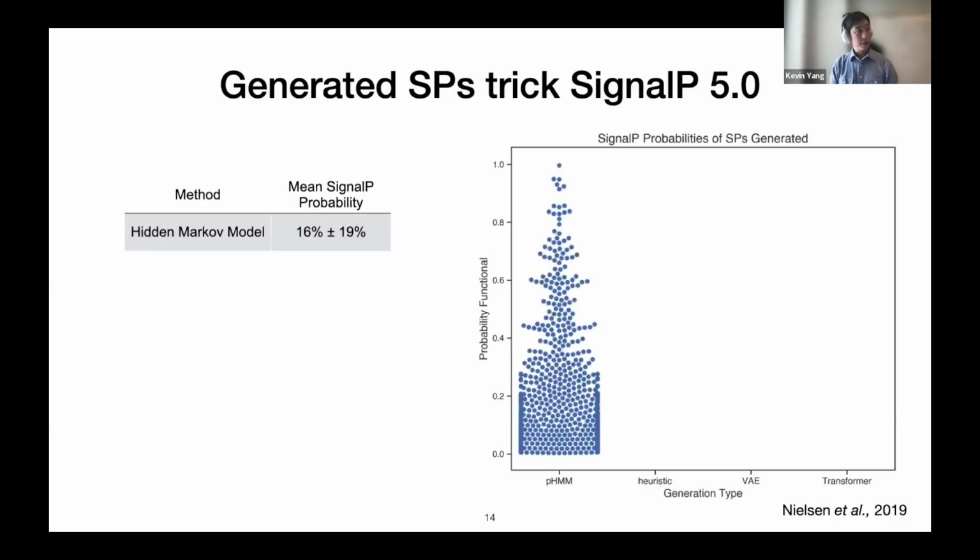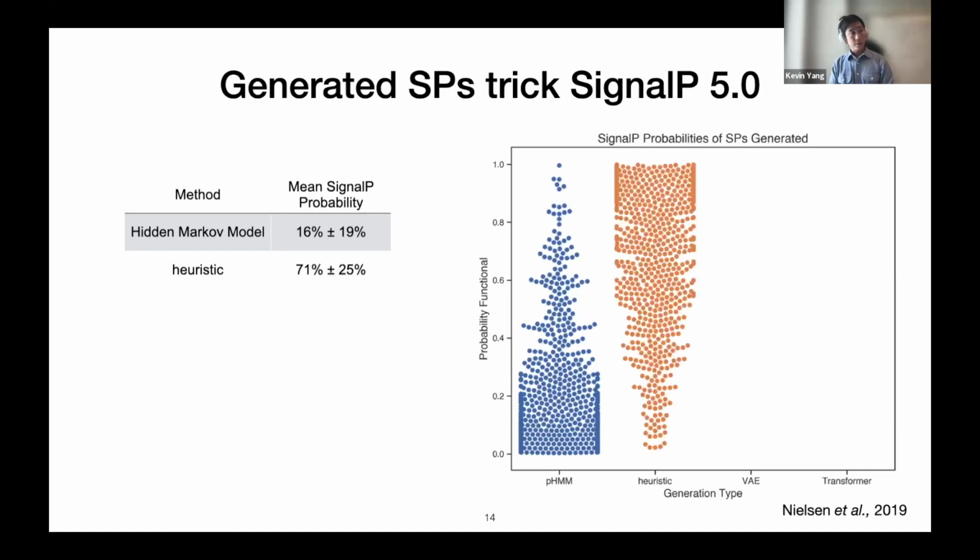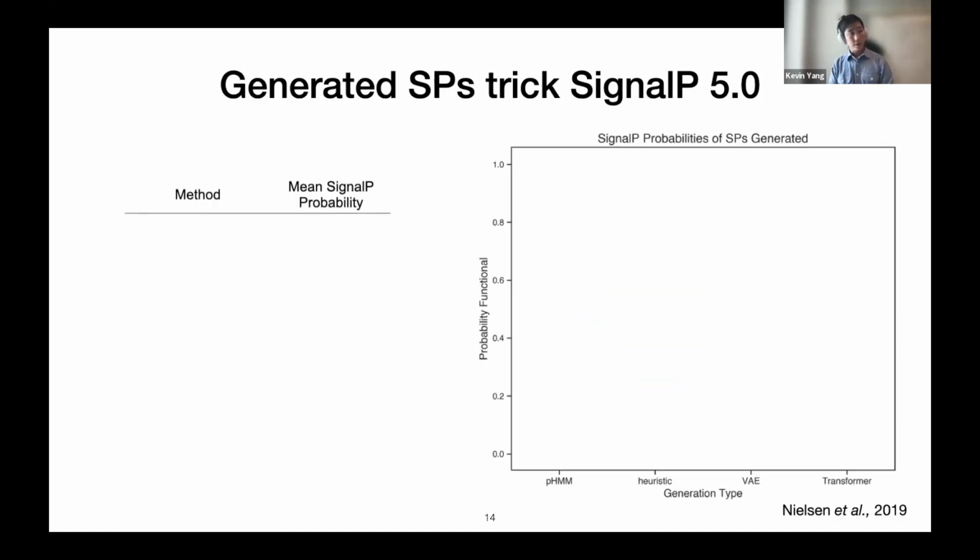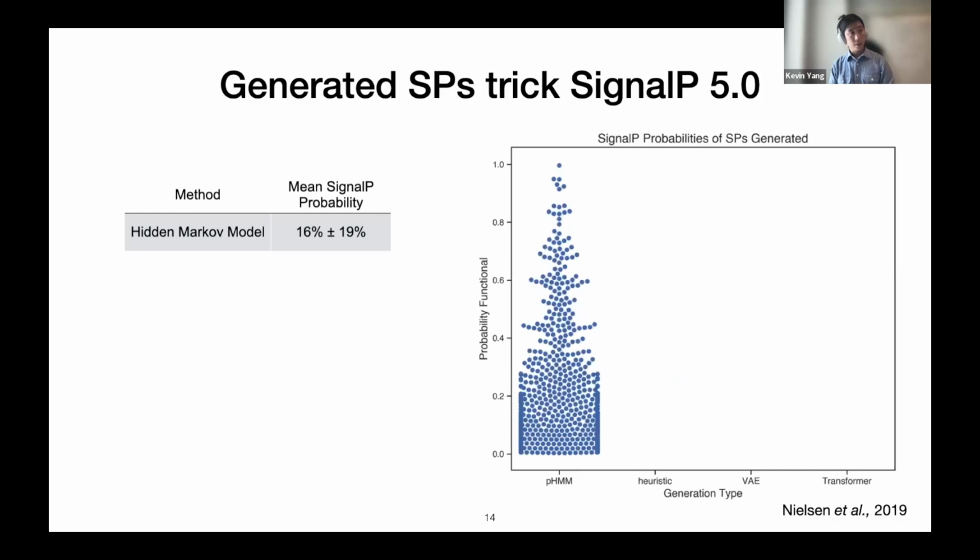One baseline is a hidden Markov model, which only looks at the previous state when generating the next state. If you look at the hidden Markov model, for the most part, SignalP can tell that those are not real peptides, and the mean probability is about 60%.